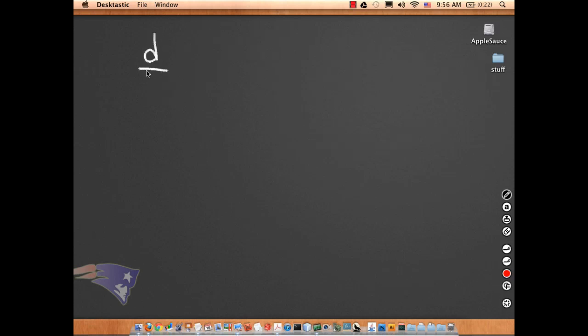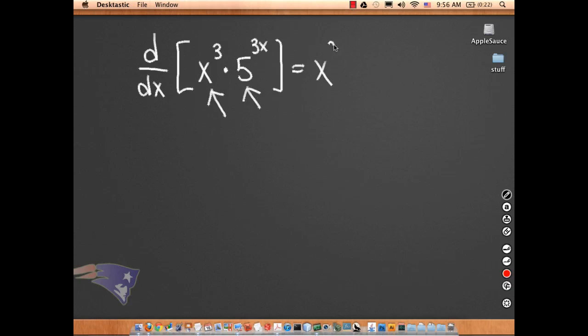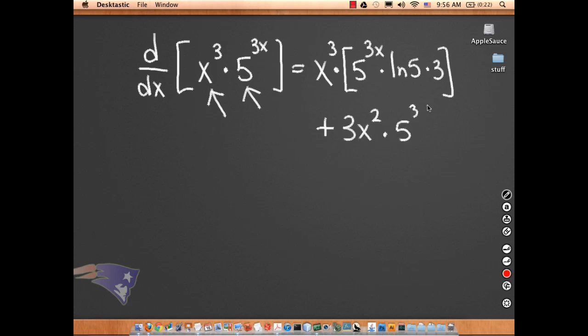What is the derivative of x cubed times 5 to the 3x? Product rule still applies. Well, this is a product rule problem. So first times the derivative of the last: x cubed times the derivative, so this is 5 to the 3x, times natural log 5 times 3, plus the last times the derivative of the first: 3x squared times 5 to the 3x.